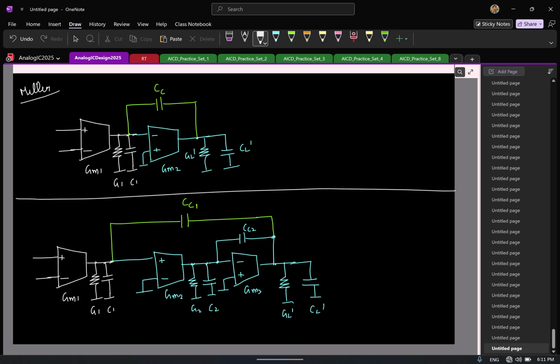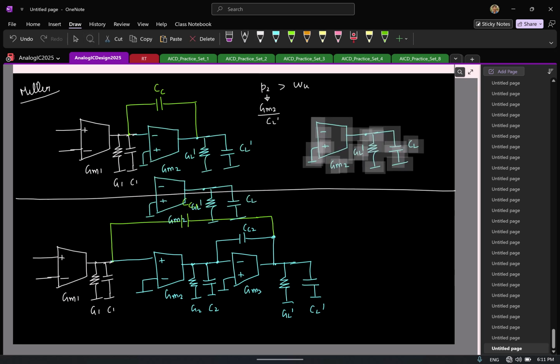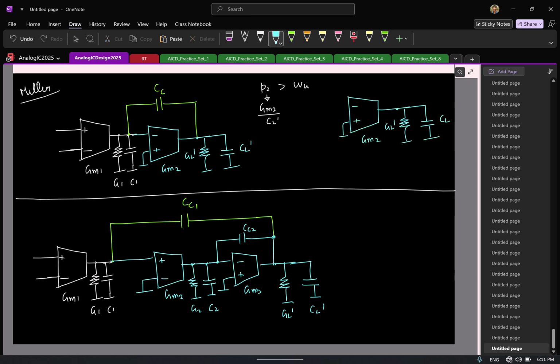Here we already established that my second pole must be greater than omega u, correct? And the second pole is roughly GM2 by CL prime, correct? Now let us say I take only the second stage separately. Now this alone is a single stage OTA. What can you say about the omega u for this structure?